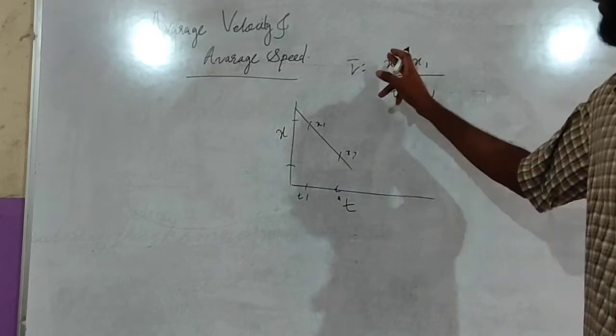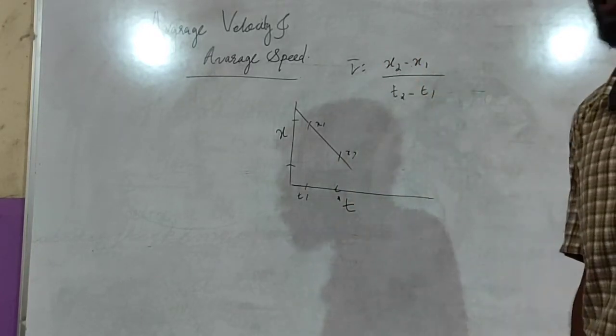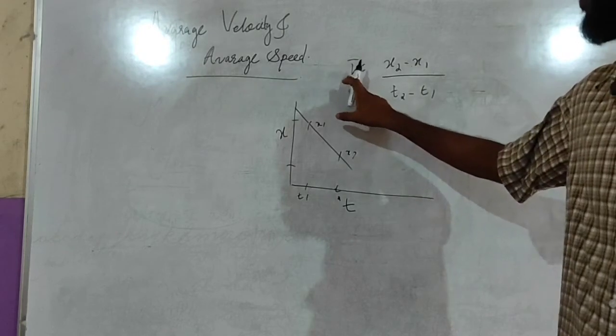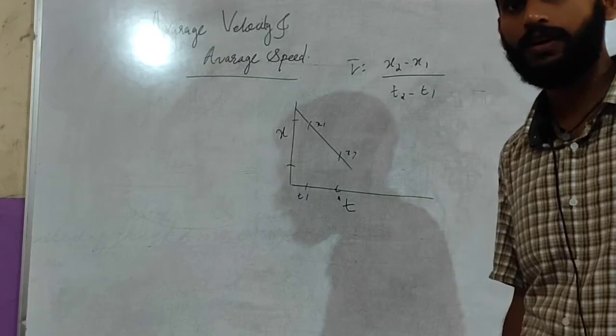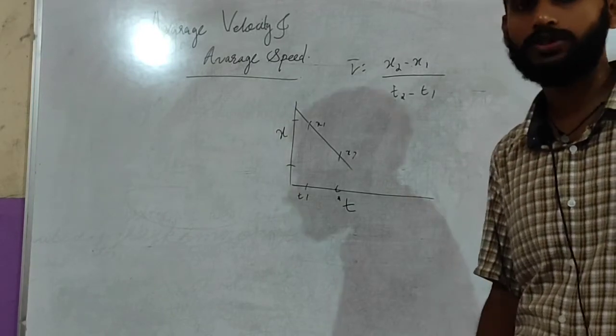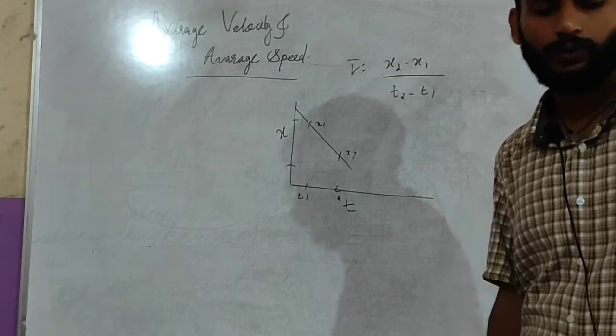A negative divided by a positive will be a negative value. So, the average velocity is negative 1, that is, the body is moving with a negative velocity, retarded motion.